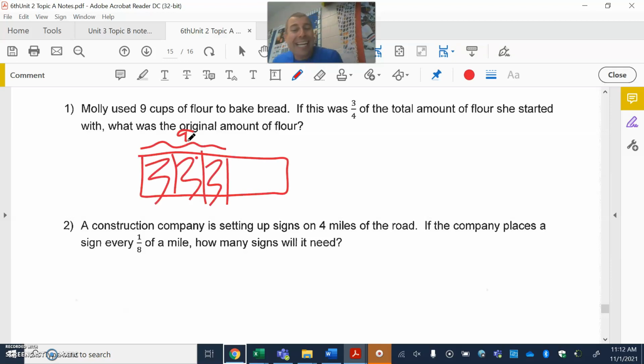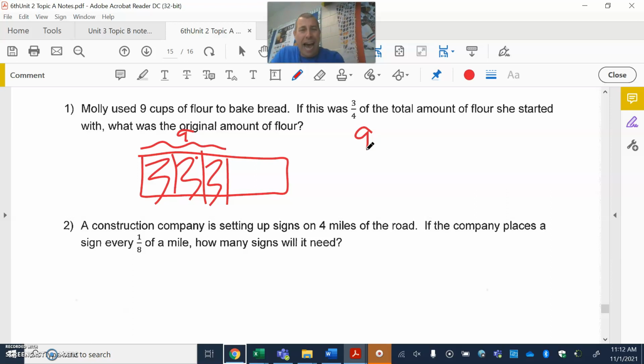But what I can see here is, oh, I need to take that 9, and that is my 3/4. So, we're doing division today, so it seems like we kind of have to, but at the same time, we can't always rely on that as the technique that we're going to use.